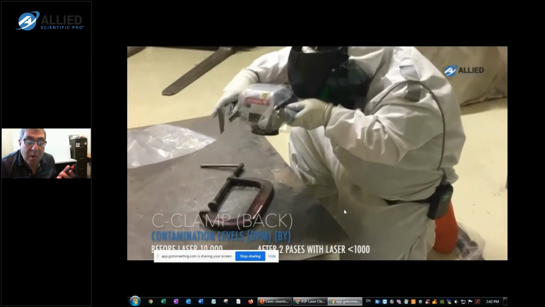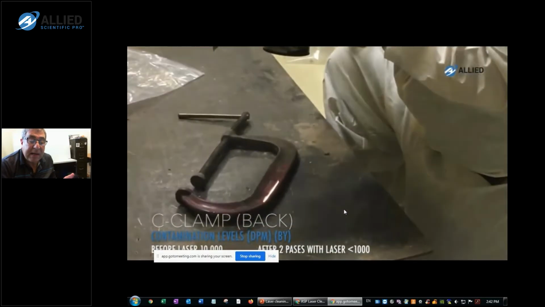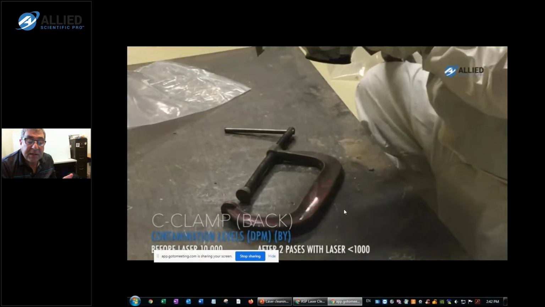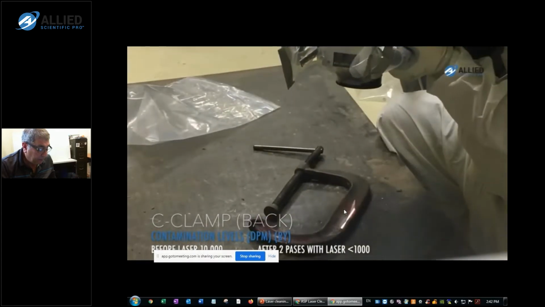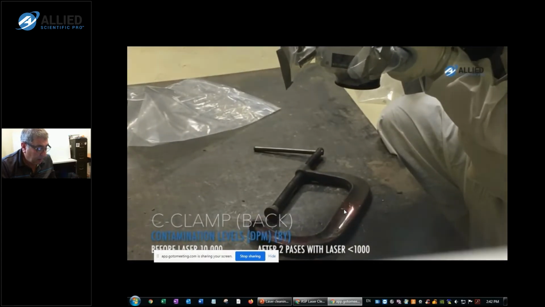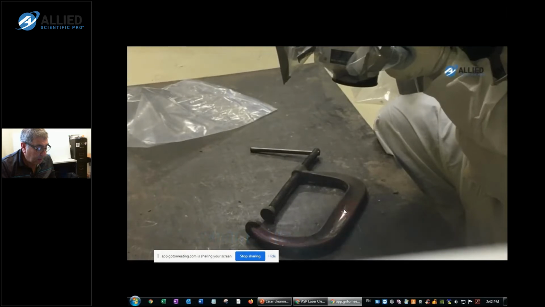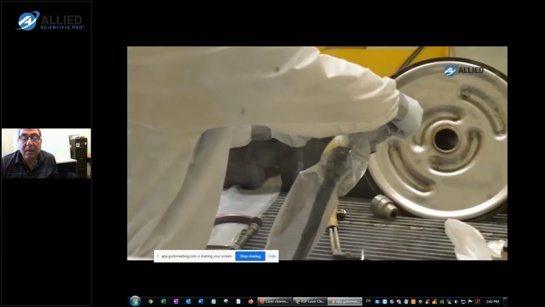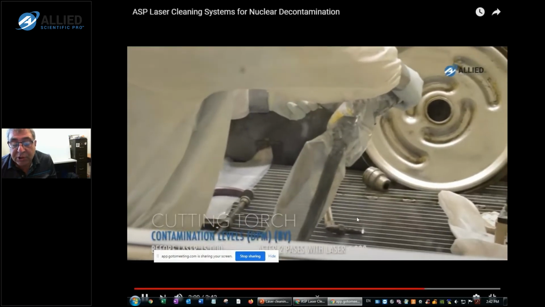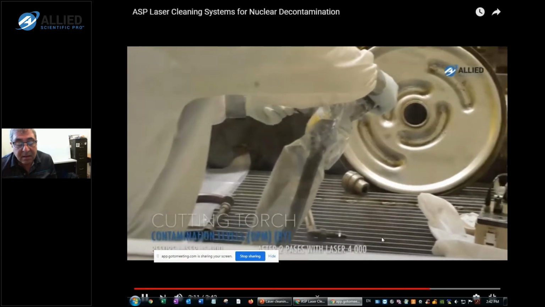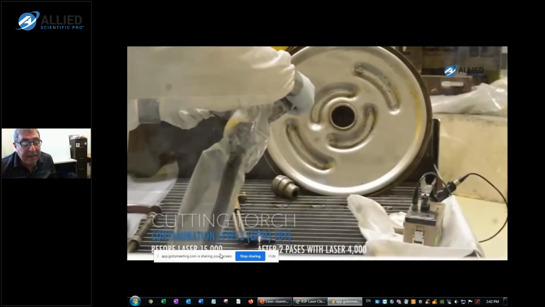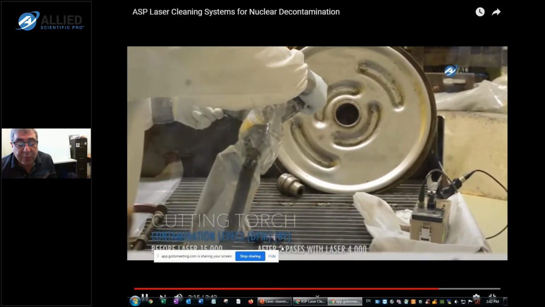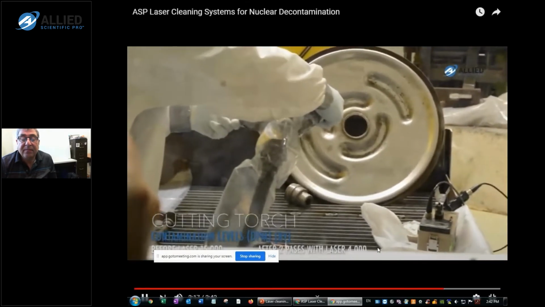Here you can see the body of the C clamp is being cleaned. There is a curvature there, and here a torch head is being cleaned. It was 15,000 before, and after two passes, it was 4,000.